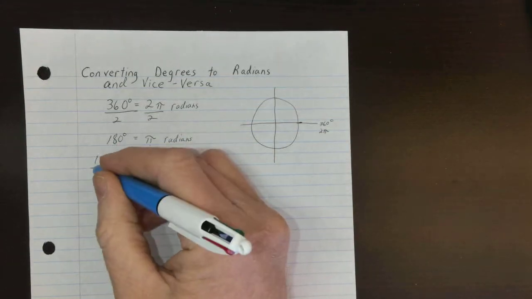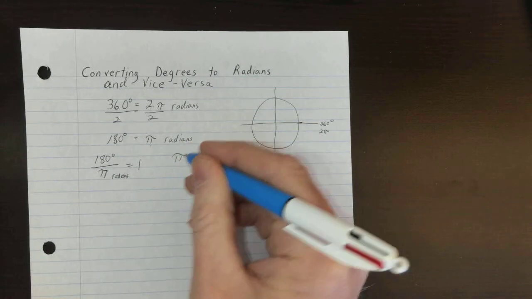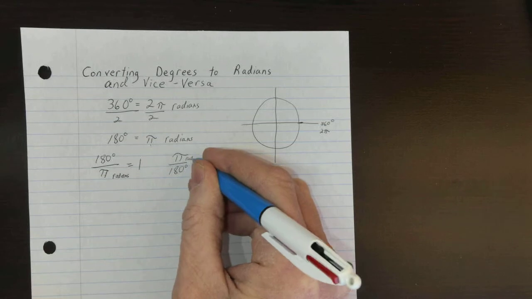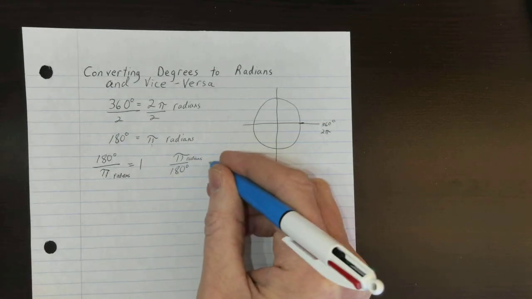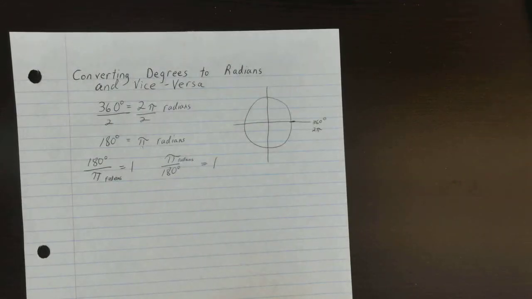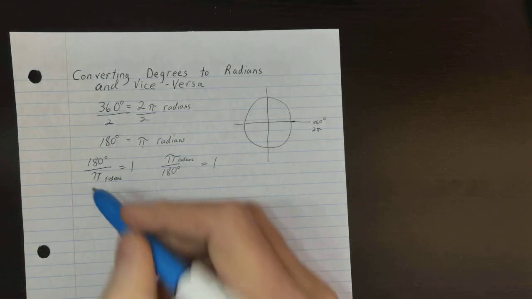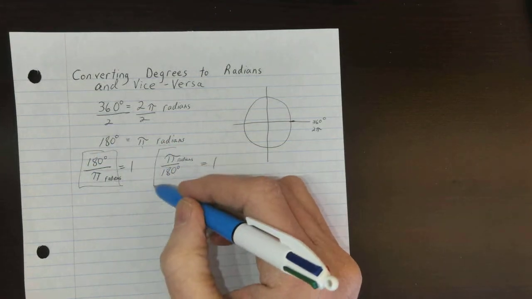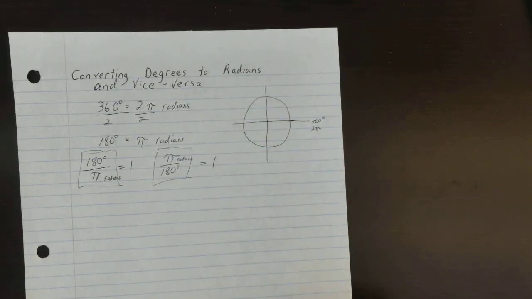And if I take the reciprocal of that, I've got pi radians over 180 degrees, that's also equal to 1. So essentially what we're going to do is multiply by these two ratios.